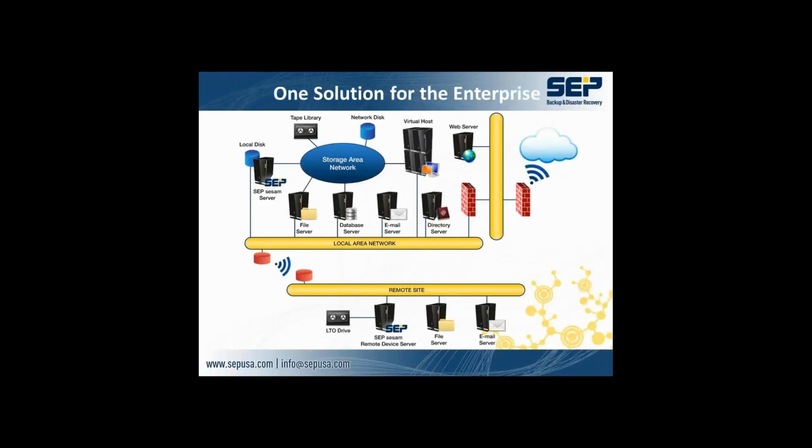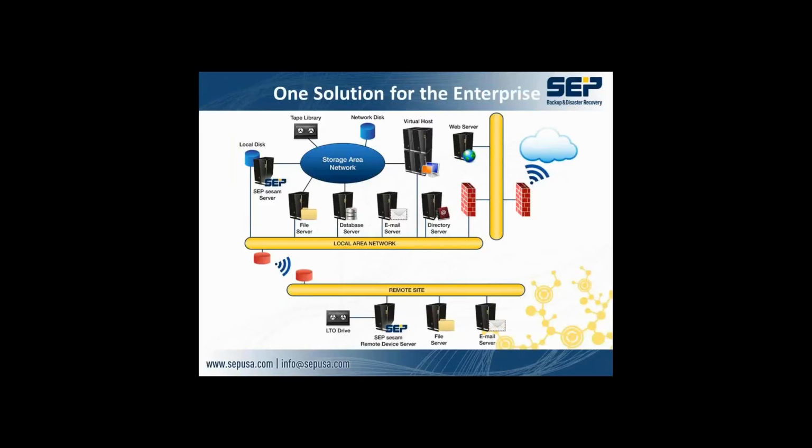So here's a simplified version of a typical environment that we would work with, and I use this picture to talk through different ways that we could back up certain parts of an environment. On the left-hand side here, you can see that there's a SEP server. That would be the main backup server.